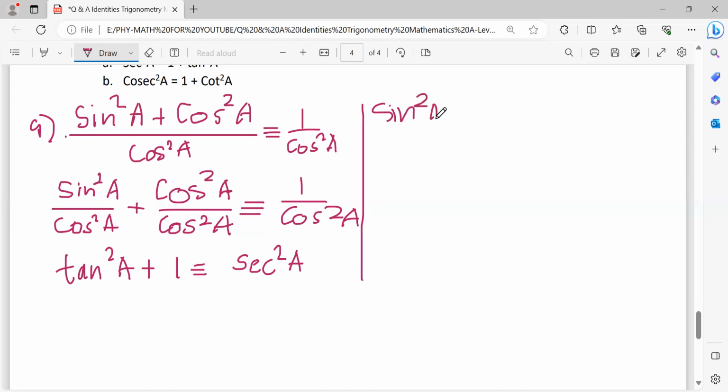Sine A squared plus cos squared A over sine squared A, 1 over sine as well.